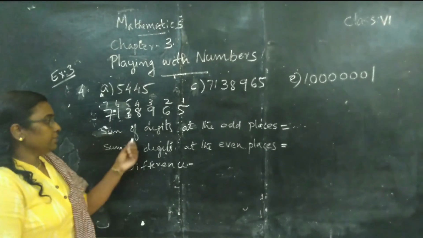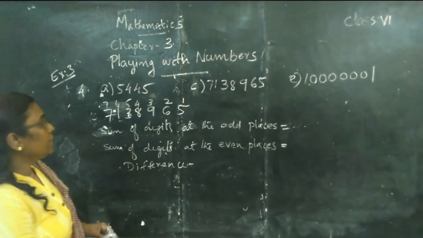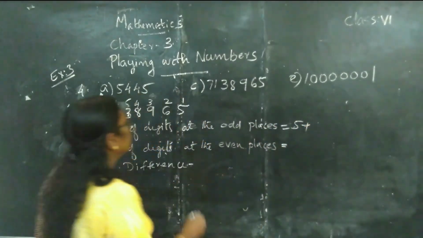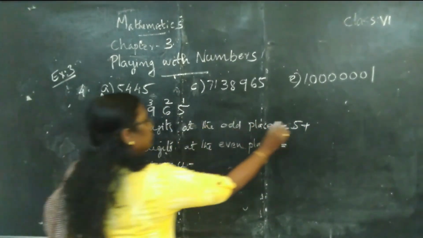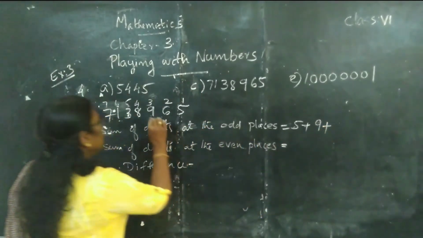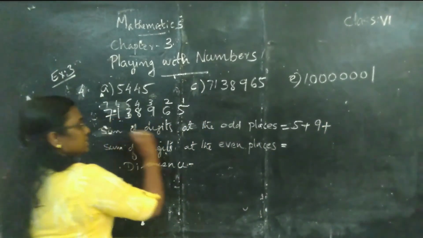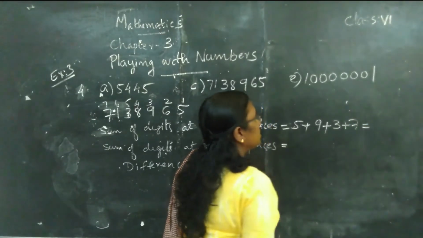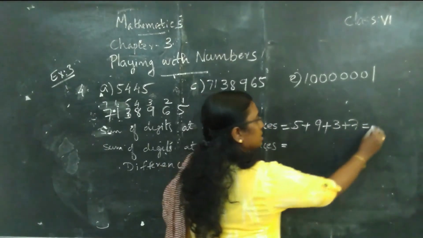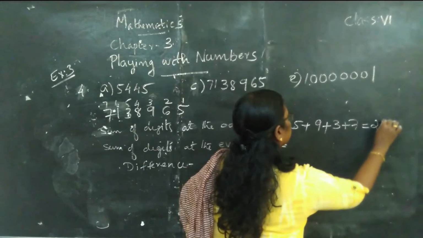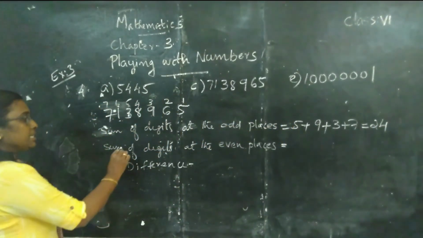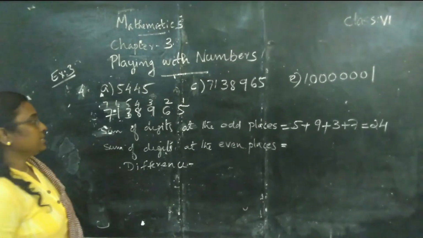We have to find the sum of digits at the odd places. Here the digits are 5 plus 9 plus 3 plus 7, which is 14 plus 10, equal to 24. Then find the sum of digits at the even places.